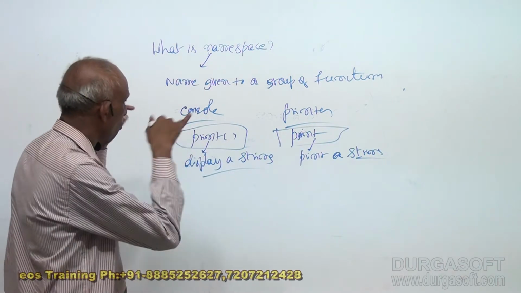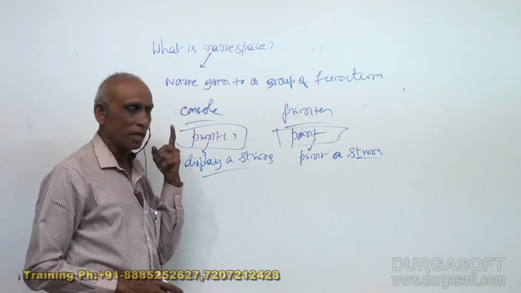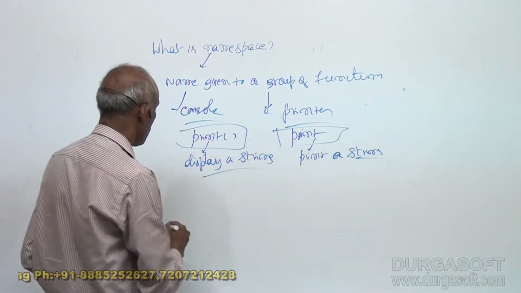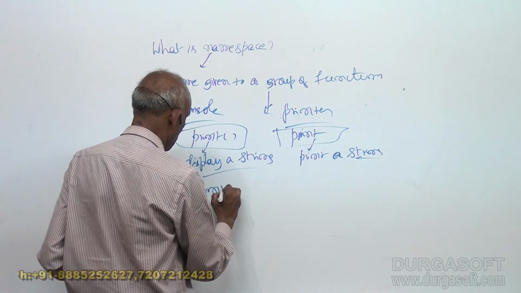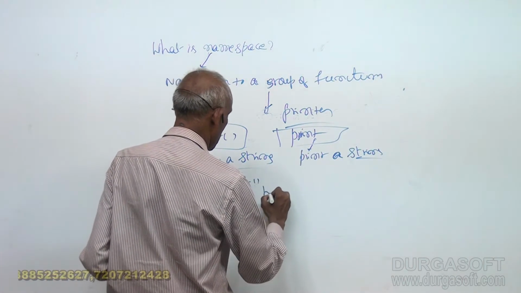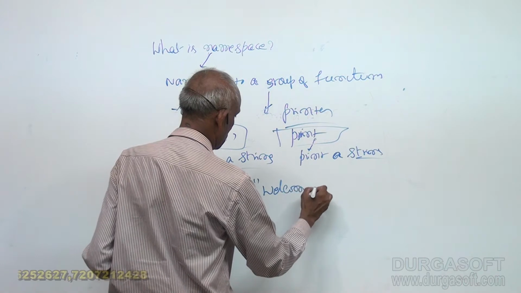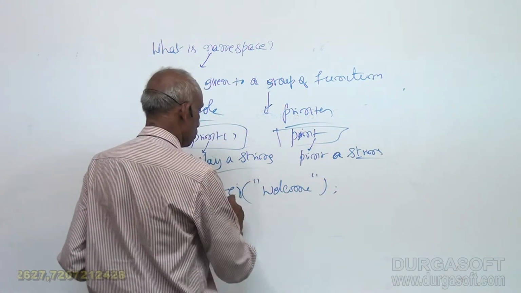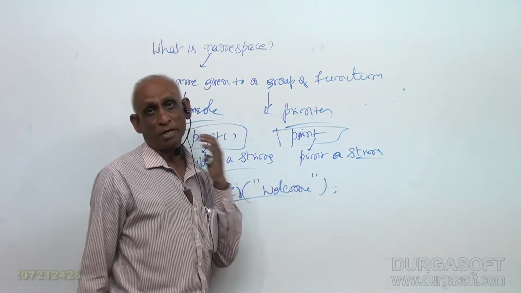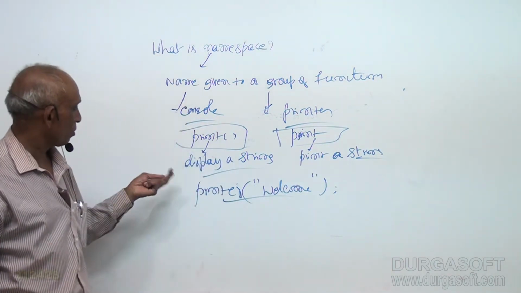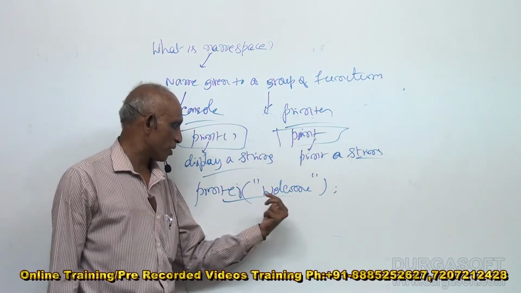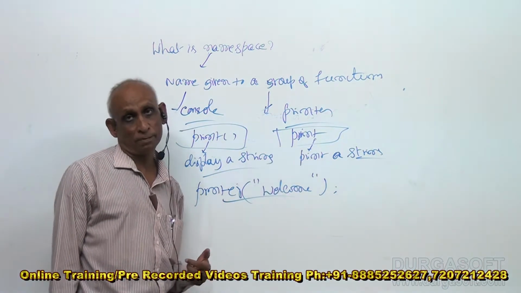Suppose I am using both the groups of functions. Now I included this group, I included this group. If I call the print function with the message welcome, should it be displayed on screen or printed? Because I have two print functions, one is the console function, one is the printer. So which function is this? Should it display it or print on printer?